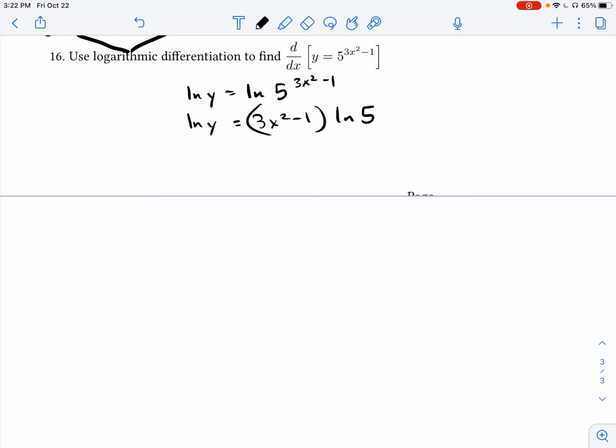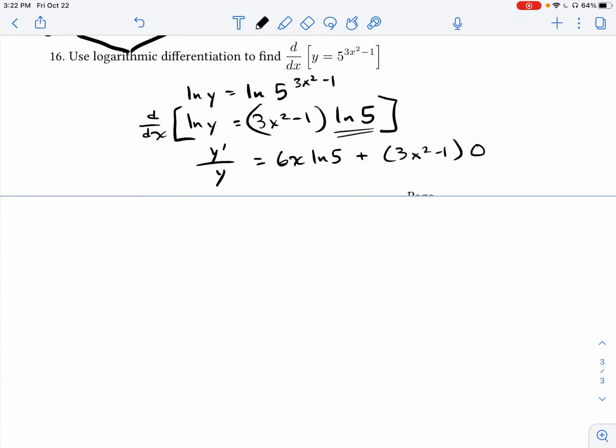And now I'm going to take the derivative of all of this, so the derivative of both sides. That's y prime over y. This side over here, I'm going to apply the product rule: 6x times natural log of 5 plus 3x squared minus 1 times the derivative of natural log of 5, which again is a constant. So all of this is just 0.